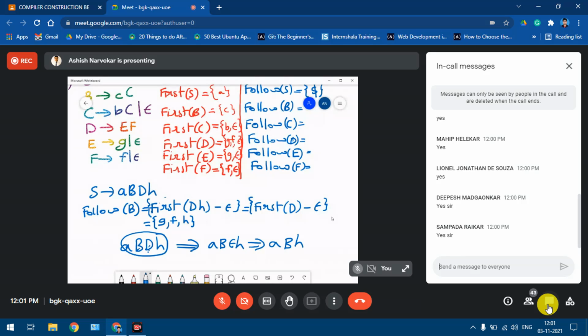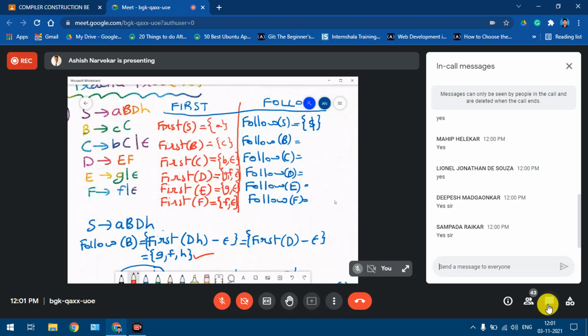Now in this case, the follow of b will be equal to first of whatever appears immediately to the right, first of h. So that gives you h. Based on that, follow of b will contain three elements: g, f, and h.